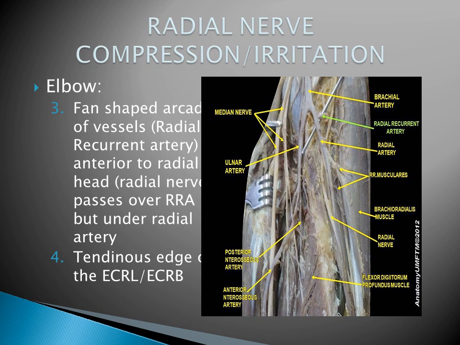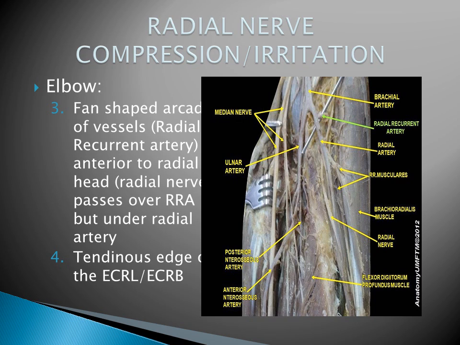Finally, a little bit further down, over the tendinous edge of both the extensor carpi radialis longus and brevis muscles, there is a tendinous edge similar to the fibrous edge of the supinator muscle, and this is an area, a fourth area, where the radial nerve can become compressed.